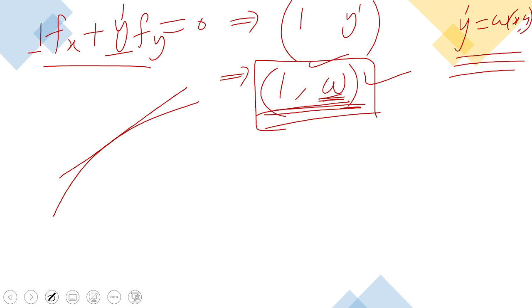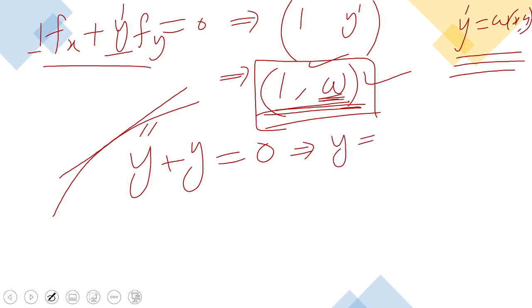So let's consider another example, y double dash plus y equal to 0. We see the solution of this can be written in this form: y is equal to some c1 sin x plus some c2.